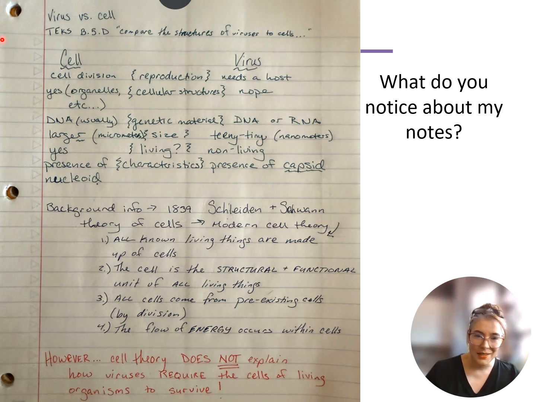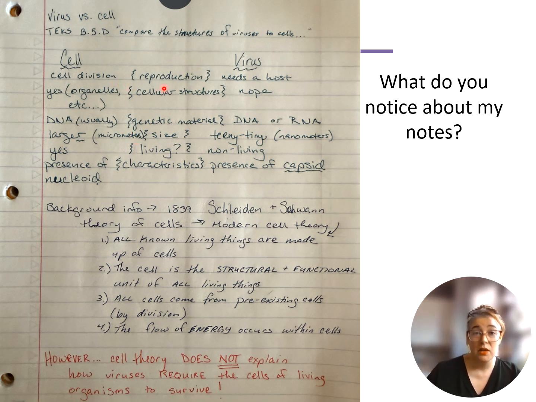So let's take a minute and just think. Remember, your notes don't need to look like mine, but what do you notice about my notes? Well, I have another title, Virus versus Cell, because that's kind of the focus of this page of notes. I mention my TEKS again, compare the structures of viruses to cells, because that's what I personally like to help guide my notes. And then I have cells on one side, I have virus on the other, and then I have some of those tasks that show who does what.